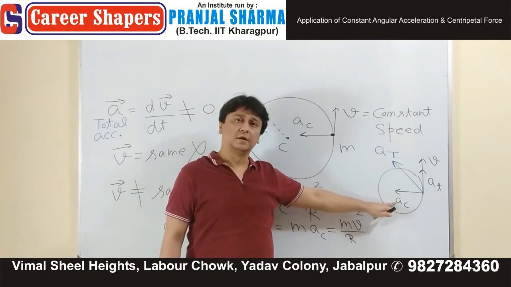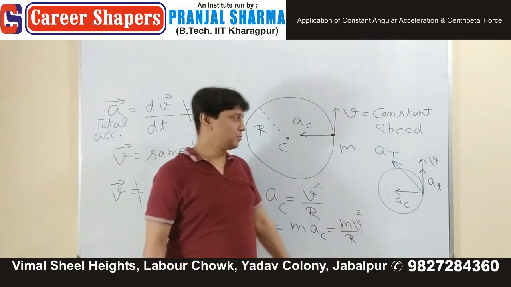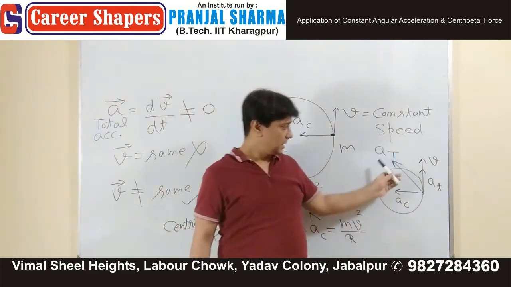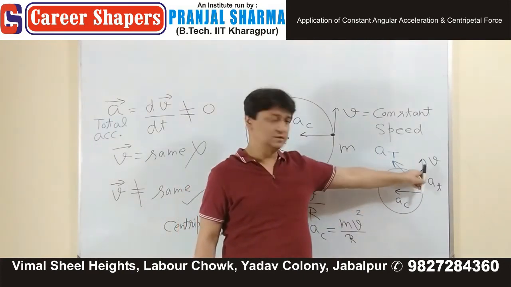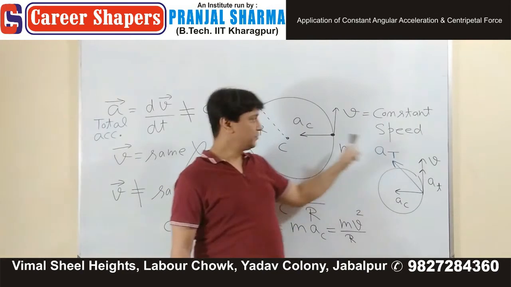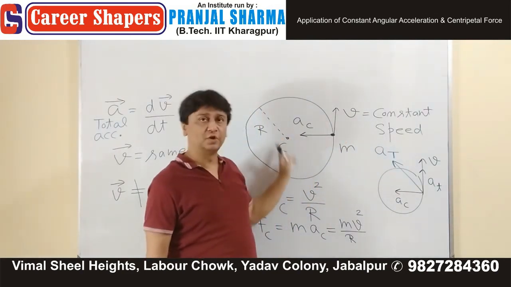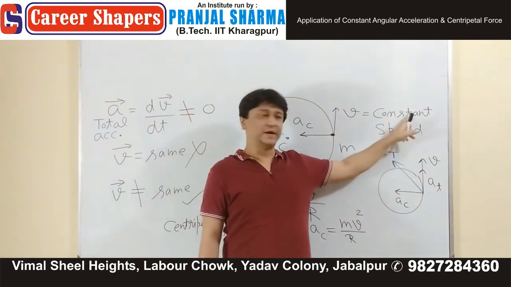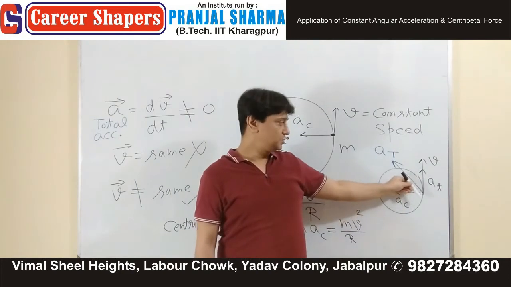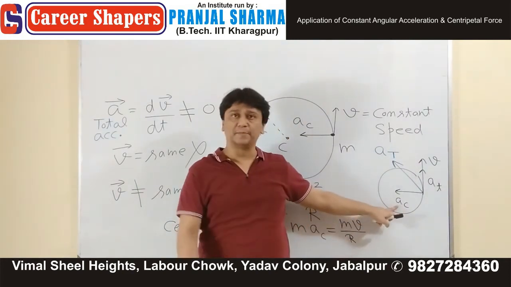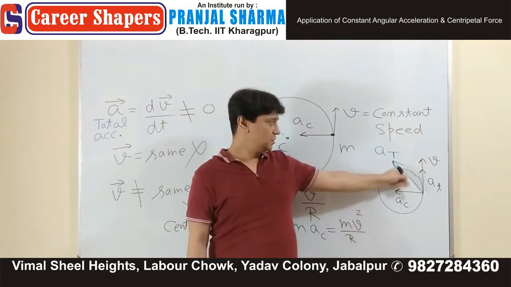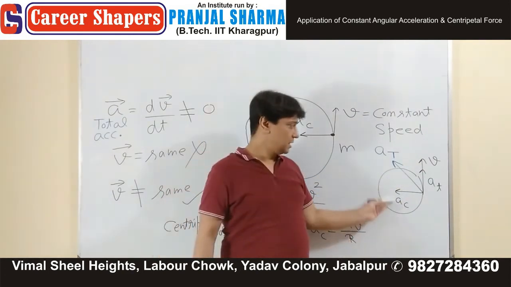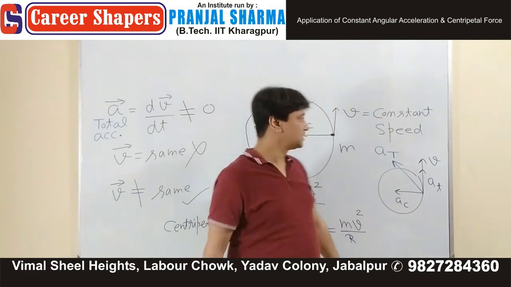AC. In non-uniform circular motion, this AT has two components, one is AC and the other one is AT. This is called uniform circular motion when speed is constant. In uniform circular motion, you have got only the AC part, means this is the only acceleration present. So this and this, they are the same thing.